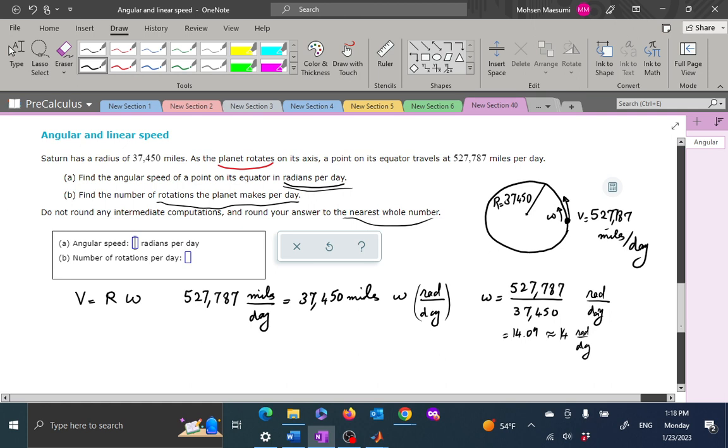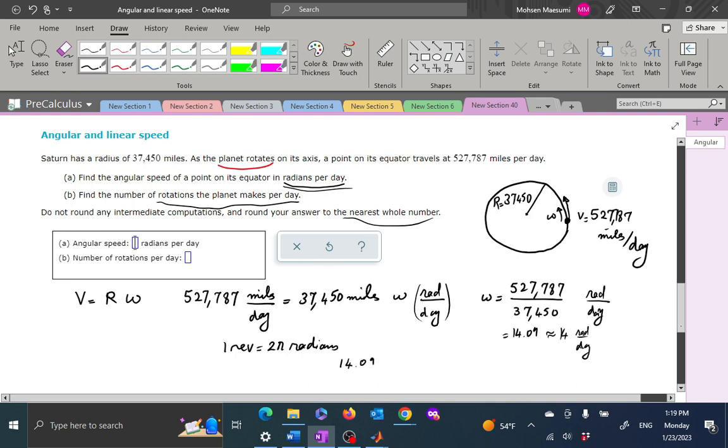So what we do, we said omega, or one revolution, was equal to 2 pi radians. So if you have the radians, you divide it by 2 pi, you see how many full rotations fit in it.